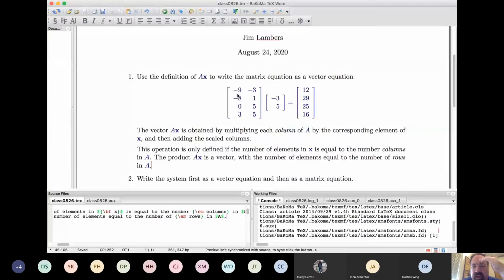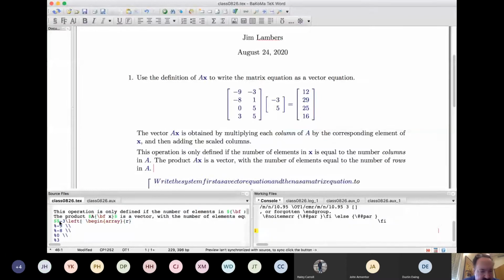However many columns you have, which will match however many elements you have here, just go across the columns from left to right, multiply them by the corresponding elements of the vector from top to bottom. And once you multiply this by this, this by this, add them up. So I will show that here.